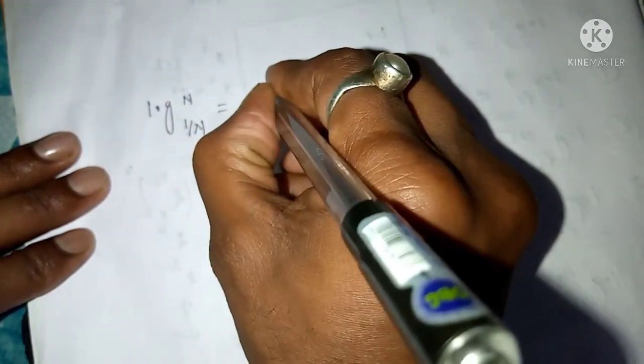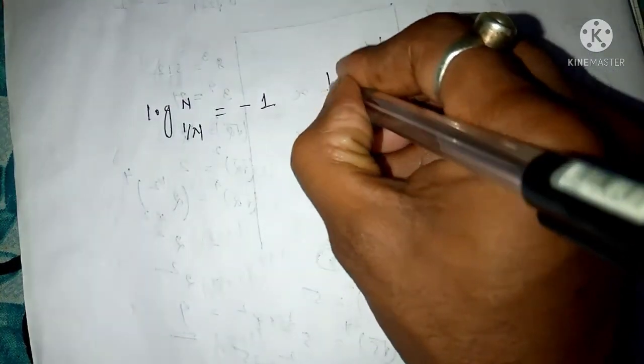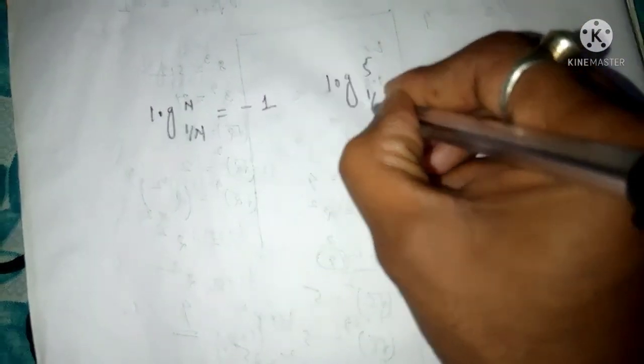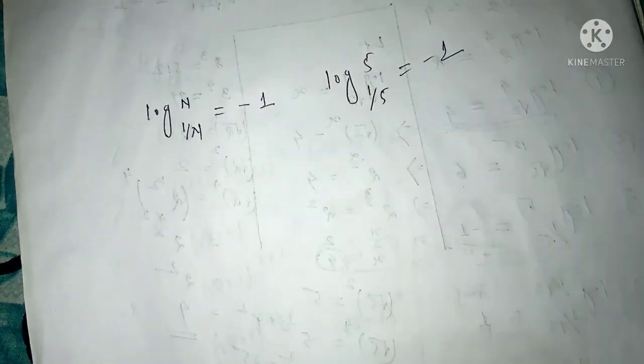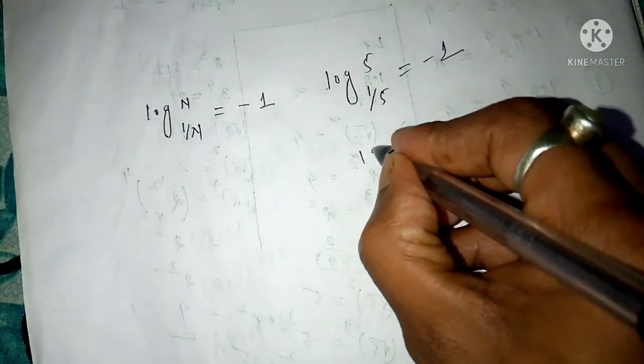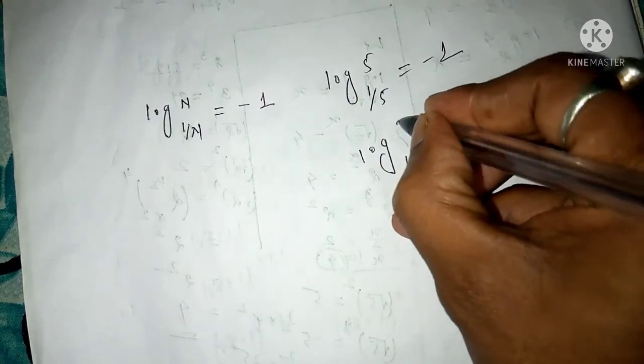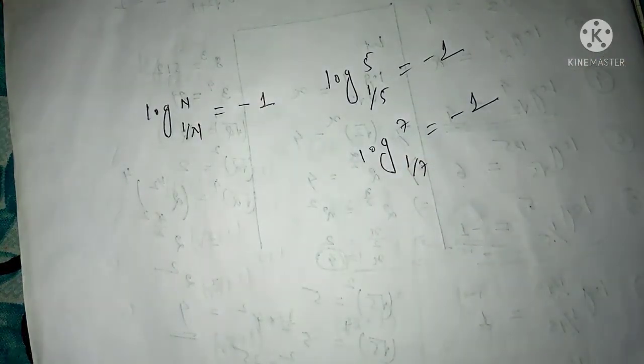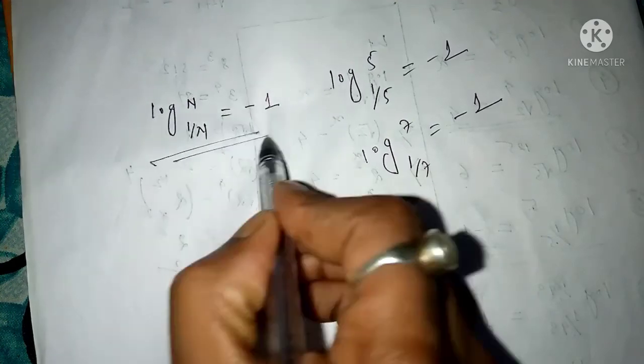Then in all the cases, this is minus 1. Example here, like this: log 5 base 1 by 5. Here you need not work it out, you just write minus 1. Likewise log 7 base 1 by 7, you write minus 1. So this is our one result.